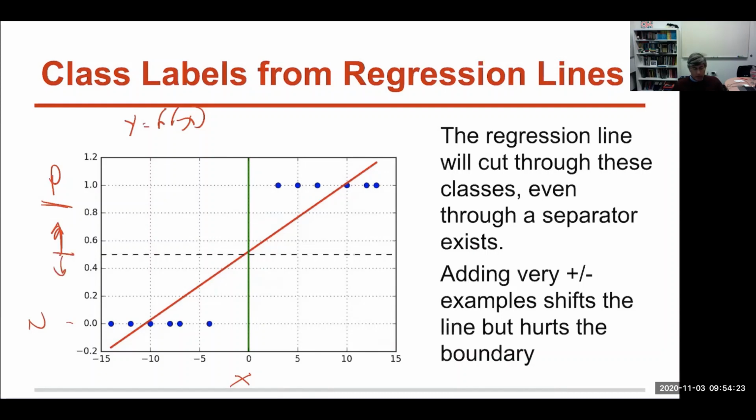Does everybody see that in this particular example, the regression line would actually do a good thing? In this case, we happen to have all the positive examples with x greater than 0. And in this particular regression line, for all x greater than 0, the y value is greater than 1/2. So does everybody see that we could do classification this way?